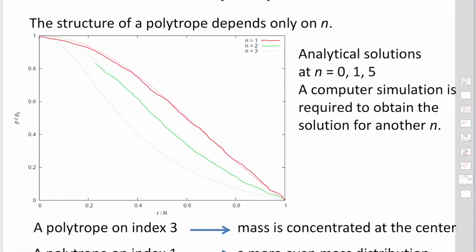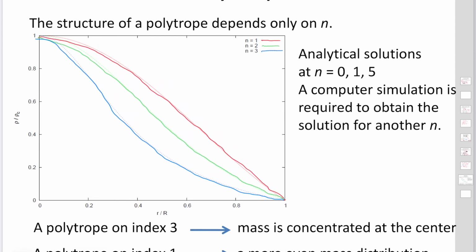So density is concentrated at the center. At n equal 3, density is more concentrated at the center. Analytical solutions are given at n equals 0, 1, 5. So for n equals 2 and 3, we have to use a numerical simulation to solve the differential equations.